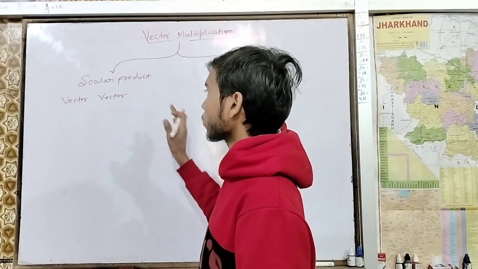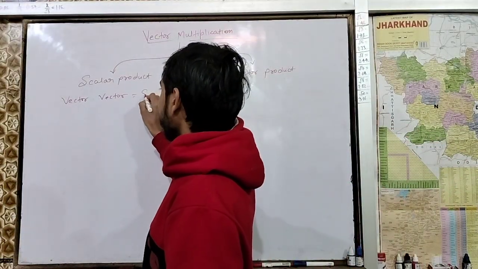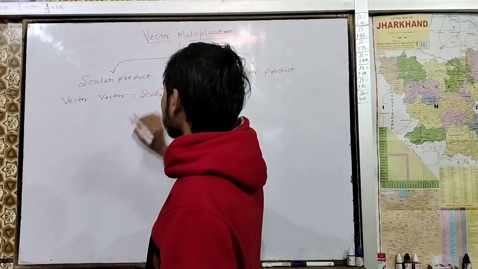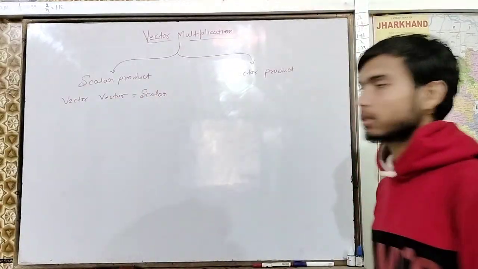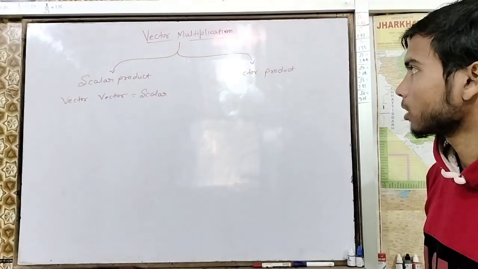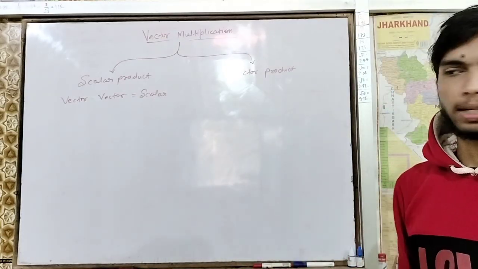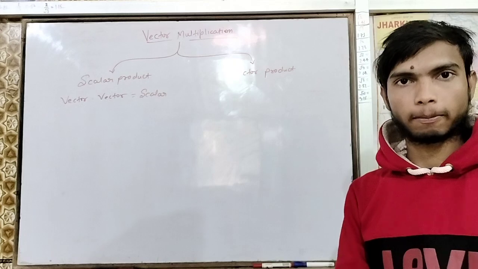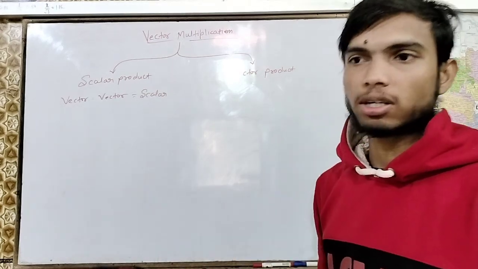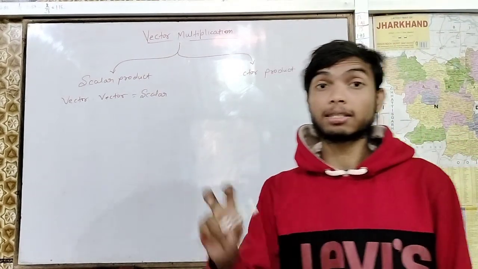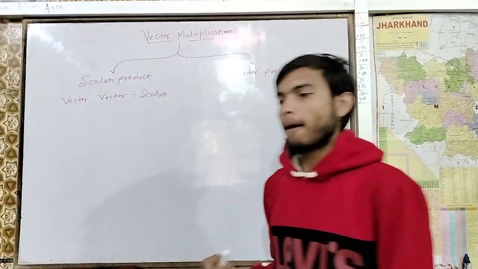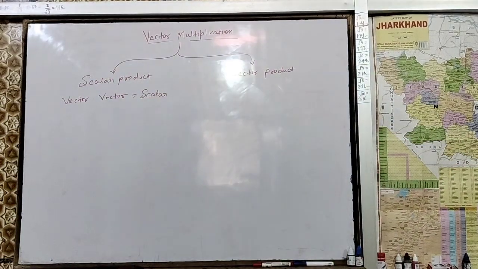So vector dot vector, and the result comes as a scalar. We take two vectors and multiply them, but the result is a scalar.